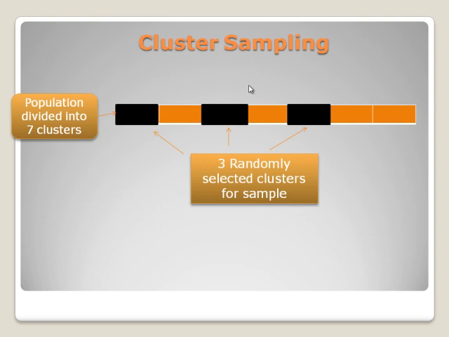If there are seven buildings in the city and we want to select only 3 buildings out of 7 to interview the residents, then by using cluster sampling, the three buildings that are randomly selected will automatically become the sample, whereas all the residents of the 3 buildings can be interviewed in order to obtain the data or information that the researchers need.